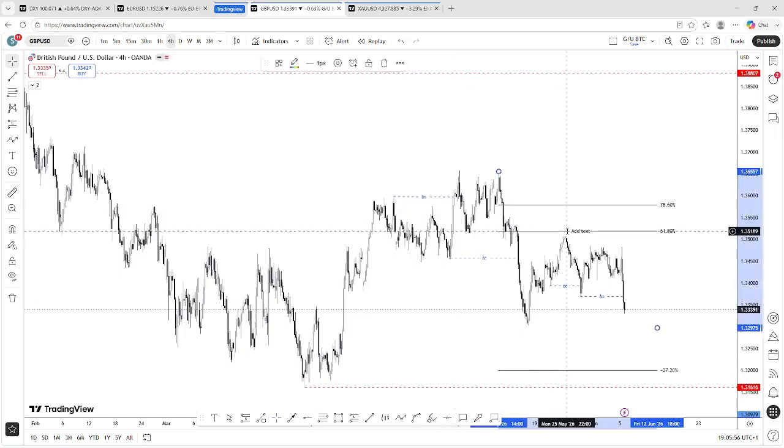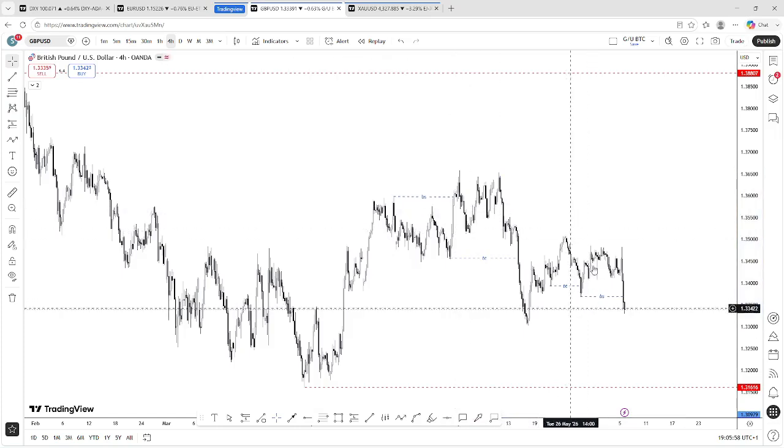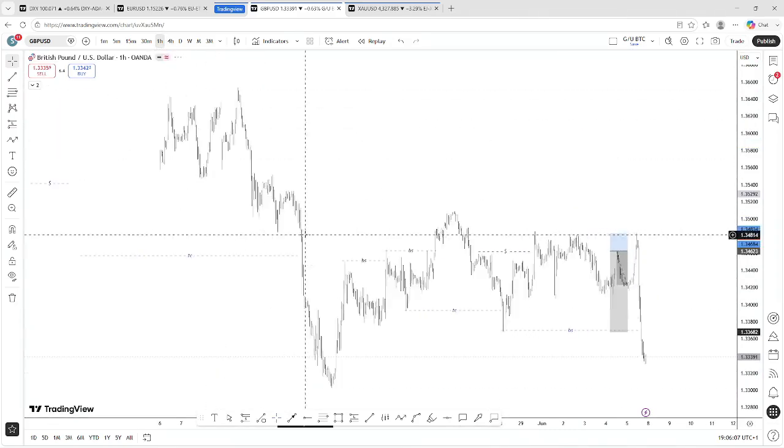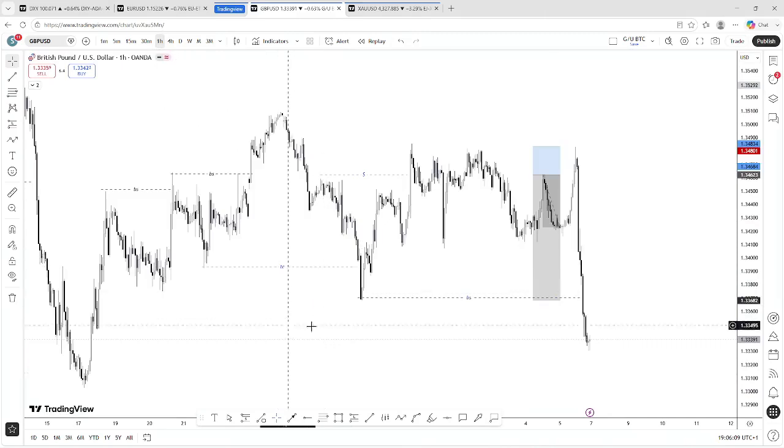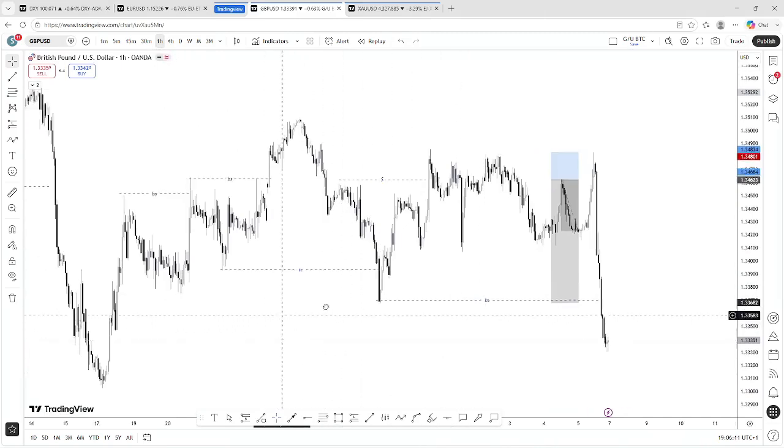Okay, and again, I think we don't have really a good picture of what's happening, so let's head over to 1 hour and get a good picture of what has happened here.